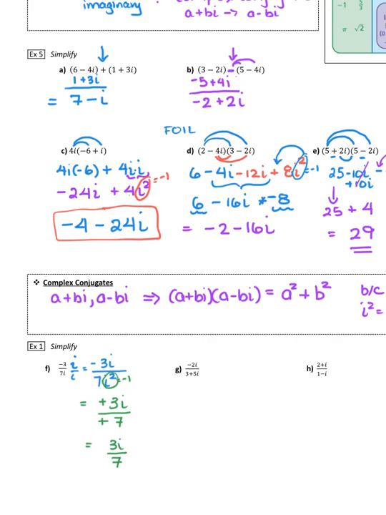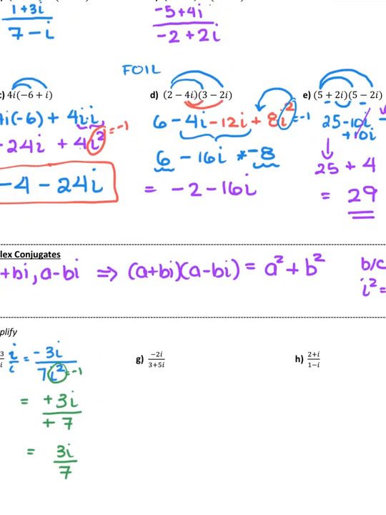Now, for our next example, notice I've got i on top and on bottom. The one on top is okay, so we focus on the one on bottom, but it's embedded in a complex number. So here is where we multiply both top and bottom by the complex conjugate. Since this was a plus, we use the minus.